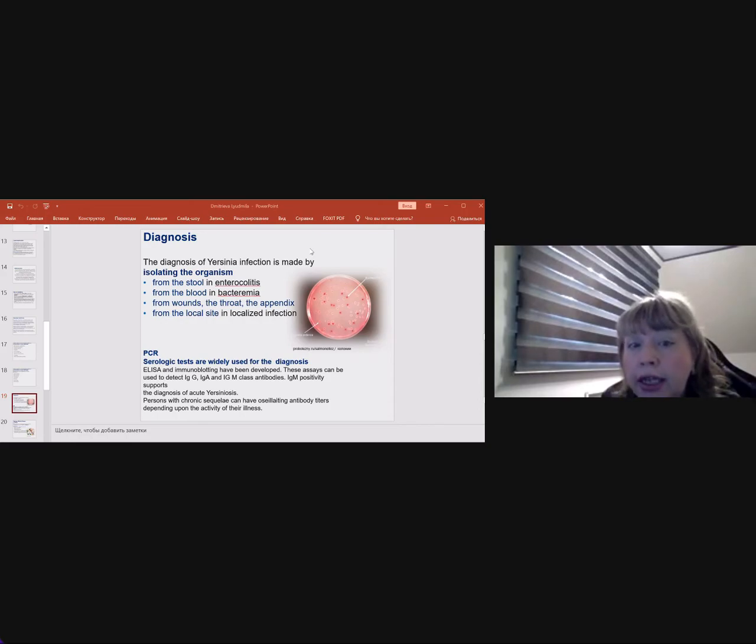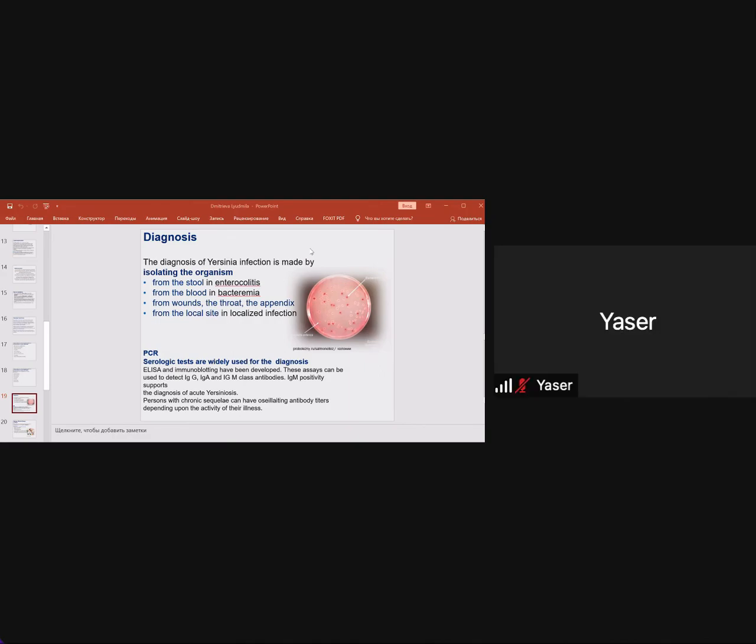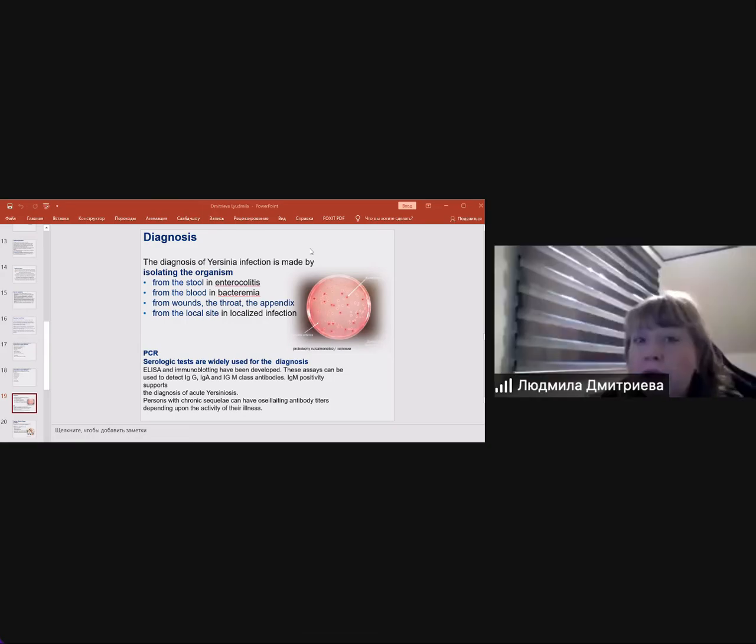Serologic tests are widely used for the diagnosis. ELISA and immunoglobulin assays have been developed. These assays can be used to detect IgG, IgA, and IgM class antibodies. IgM positivity supports the diagnosis of acute Yersiniosis.